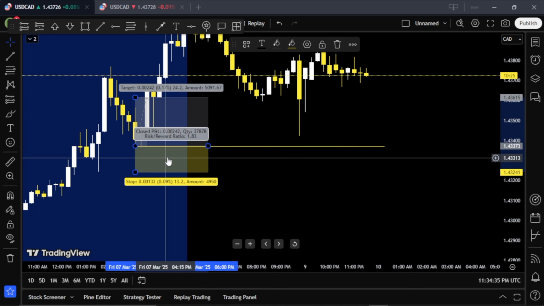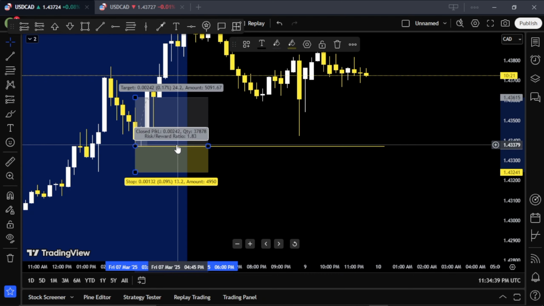So what you're going to be entering is a buy limit, which is a form of a pending order. A pending order is an order that you execute at a later time at the price you specify.